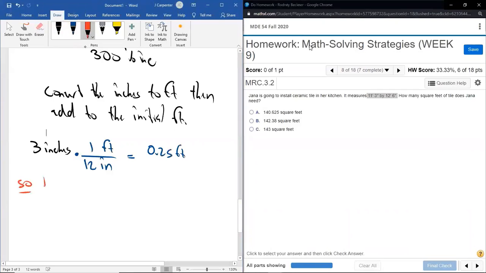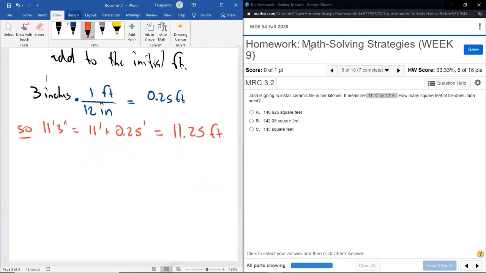So 11 foot 3 inches is really 11 feet plus 0.25 feet, and that is the symbol for feet. If you prefer to write the actual FT, go with it. So that would be 11.25 feet. So the 11 foot 3 inches is 11 1/4 foot. Now let's work on the 12 foot 6. So we got 6 inches.